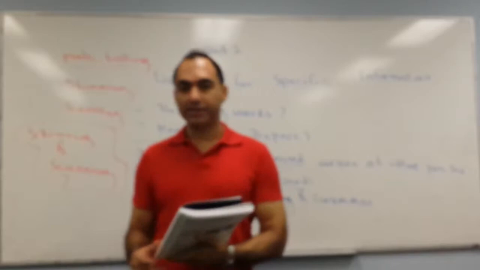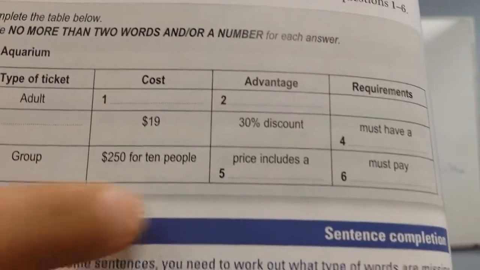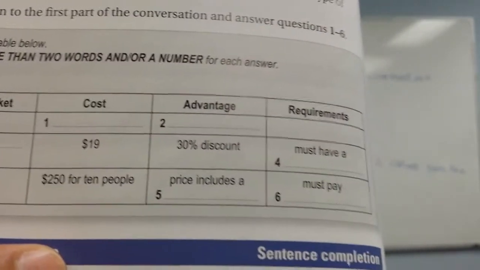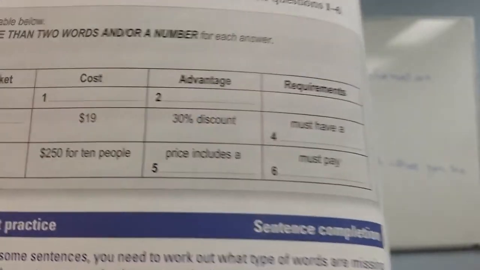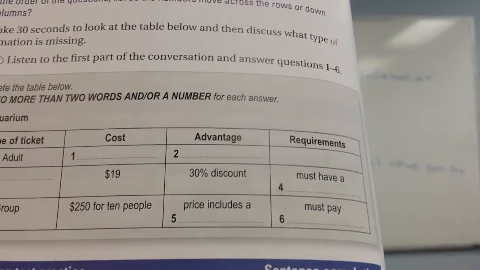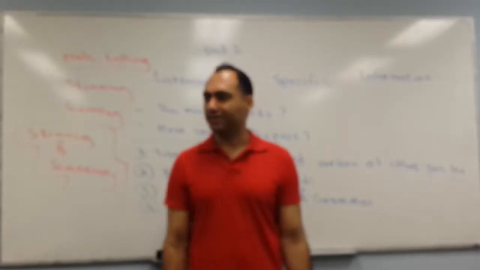It's interesting because look, the cost here. So cost you have number 1, advantage you have number 2, and something that could distract you in IELTS and lose your time is the third box, which is also empty, but there's a number. Now to you this may sound like a no-brainer, like oh, of course, it's very obvious, but it's not obvious.